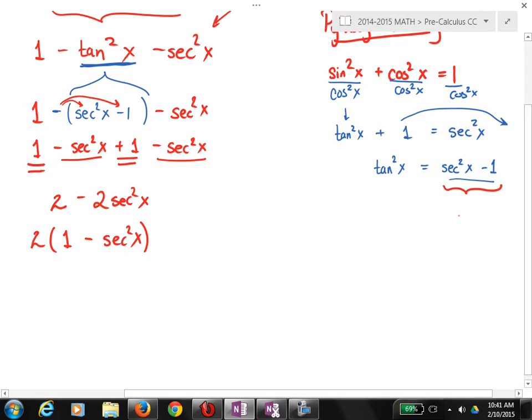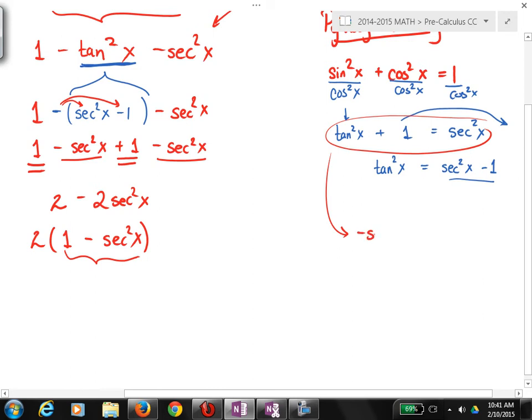yeah, because there's a couple of things that you could have done also. Since I decided to solve for tangent squared of x, you're going to see that it's basically involving a few more extra steps. I want to basically get this 1 minus secant squared of x. So I'm still going to go to this one, but instead of moving the 1 over, I'm actually going to move the secant squared over and the tangent squared over.